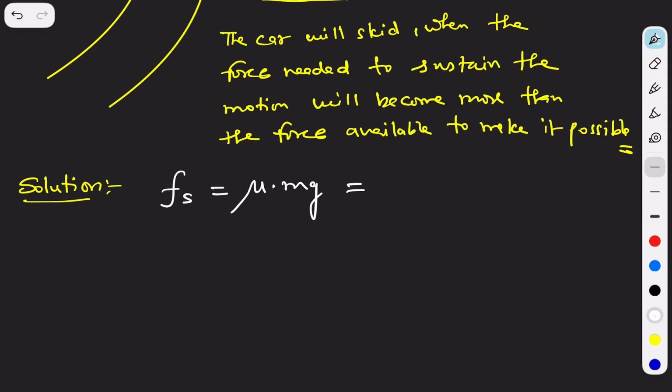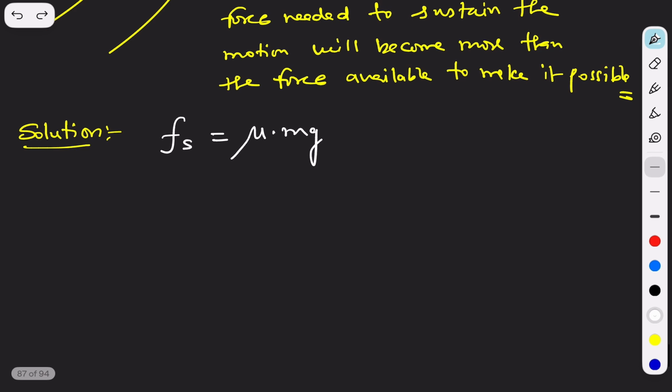At any moment when the skidding is going to happen, let's say your velocity is v at this moment. You need some centripetal force towards the center, and that will be m v square by r.